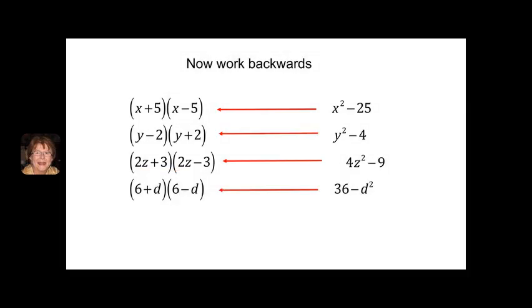And 36 minus d squared, we have the difference of two perfect squares. If we're going to work backwards, we're going to find what is multiplied by what. We get 6 plus d, 6 minus d. Are you seeing a pattern here? But let's make sure you understand what to do.